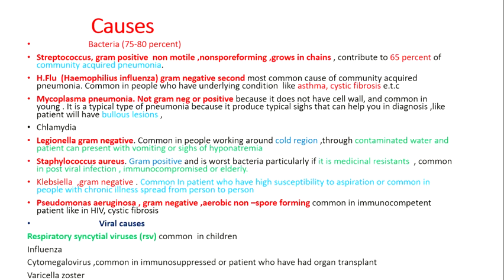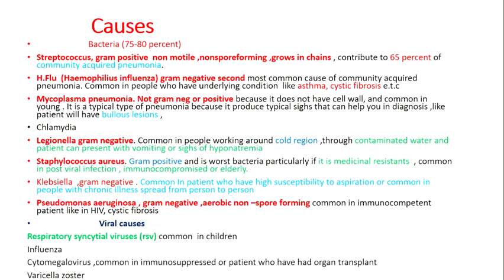Another cause is Klebsiella. Klebsiella is gram negative and common in patients who have a high susceptibility to aspiration. People who have aspiration, people who have stroke, people who have multiple sclerosis, people who have anything that may cause inhalation are prone to this type of bacteria called Klebsiella.